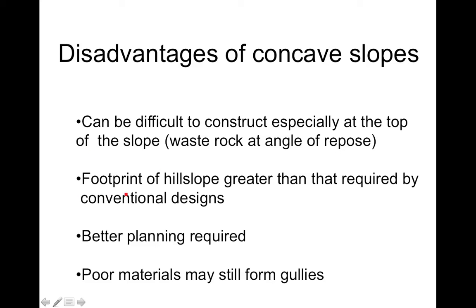With concave slopes, the footprints of the hills are often greater than that required by conventional designs. Not always, but they can be. So better planning is required to design them. And even if you have concave slopes, you still might get gullies and erosion happening because of the materials that you have on them.